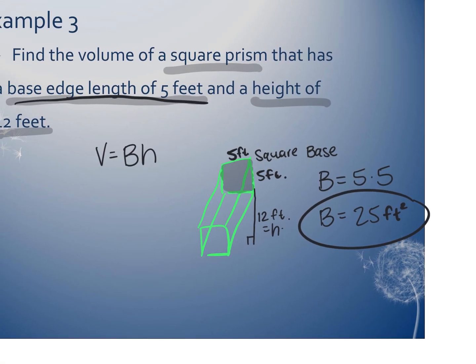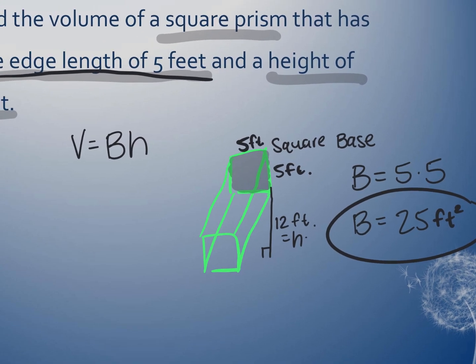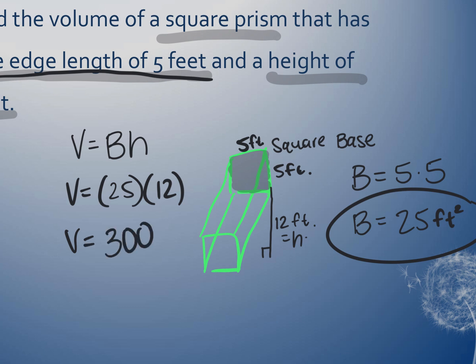What do I need to multiply that by to get the volume? By 12, very good. So our volume is the area of the base, 25, times 12, which is 300. So the volume is 300 feet cubed. Why cubed? Because it's volume.